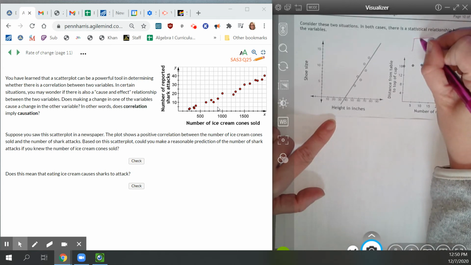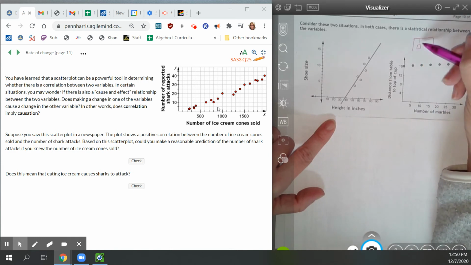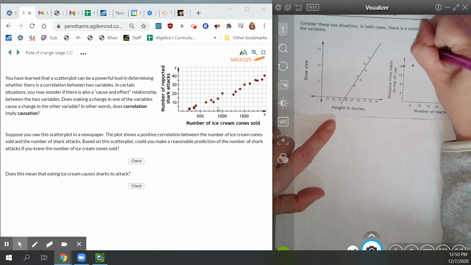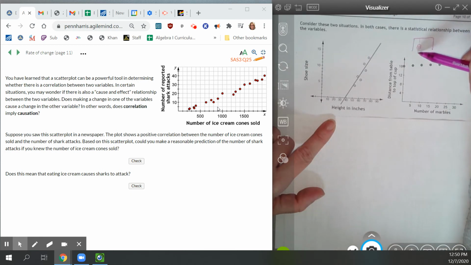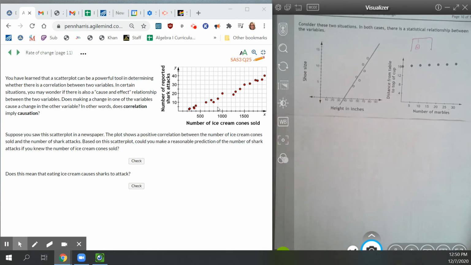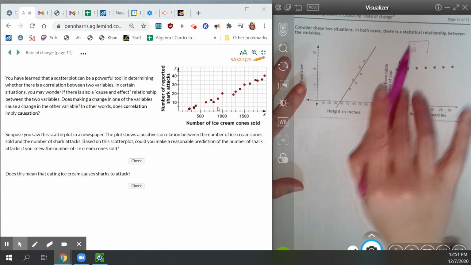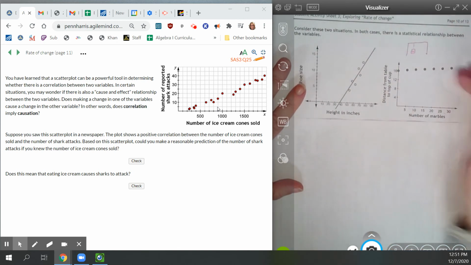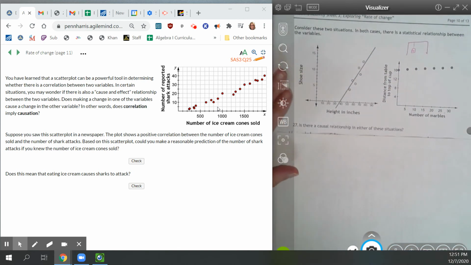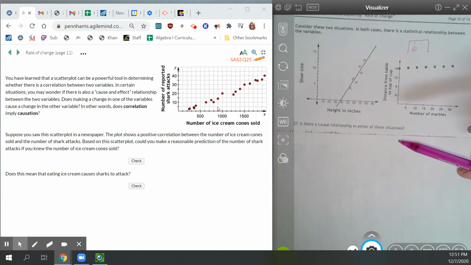And what they did was they hung rubber bands and they put a cup here. And they put marbles in the cup. Boop, boop, boop. And they saw how many marbles it took to make that hang further and further down. So with this, they want us to know in each of these cases, a couple of things. They want to know, is there a causal relationship in either of these situations?